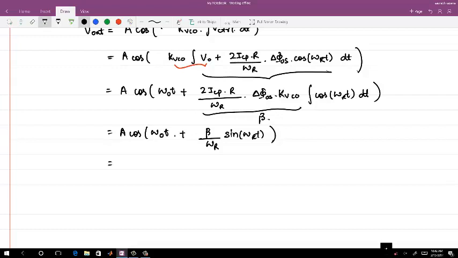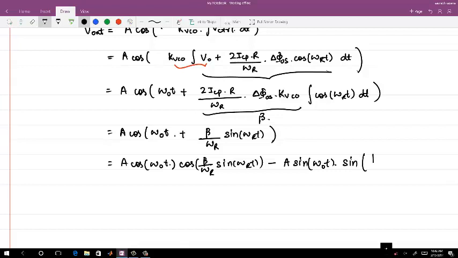Now this will be cosine of omega naught t into cosine of beta by omega R sine of omega R t, minus sine of omega naught t times sine of beta by omega R times sine of omega R t.